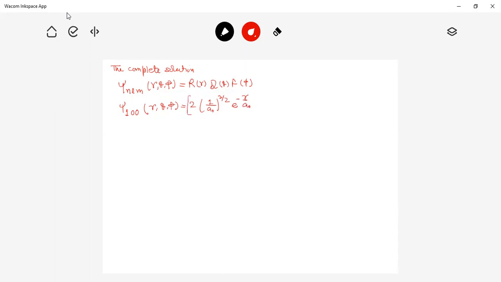This is the radial part, and the polar part is 1 by under root 2, and the azimuthal is 1 by under root 2 pi.